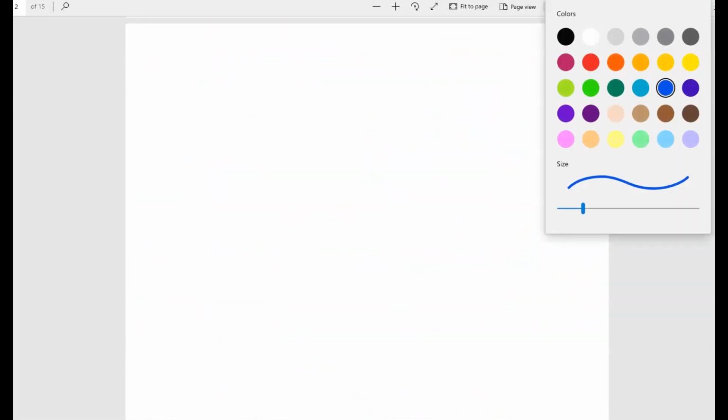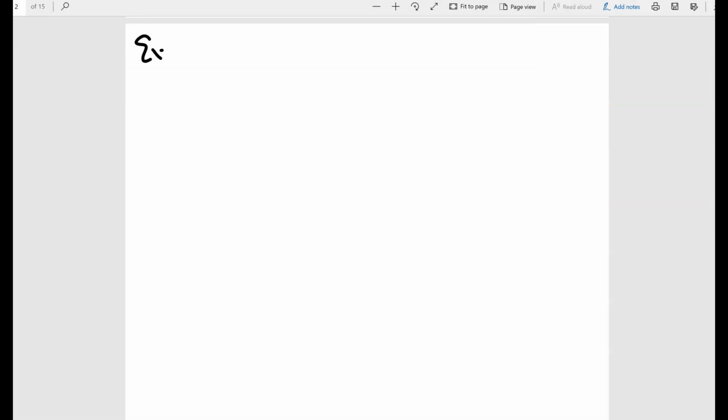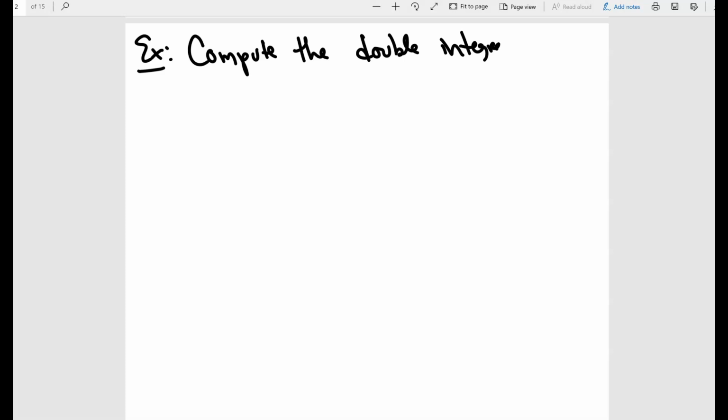Okay. So here is going to be my first example. So compute the double integral. Okay. So here's my first problem. We have the integral from 1 to 2, the integral from 2 to 4 of 6xy squared dx dy.